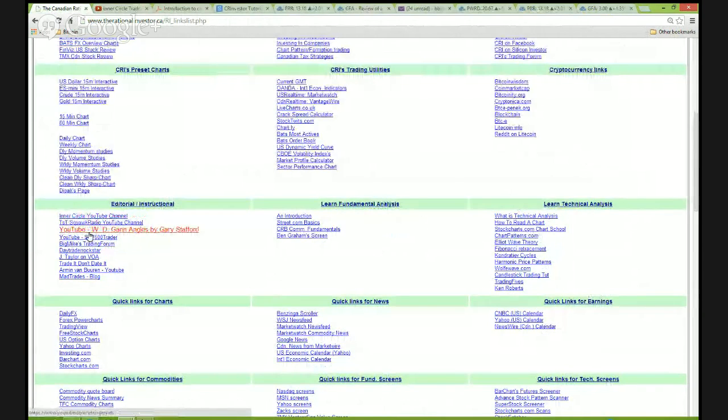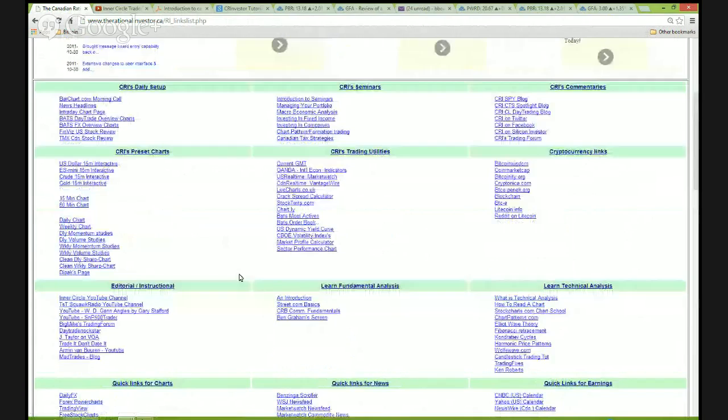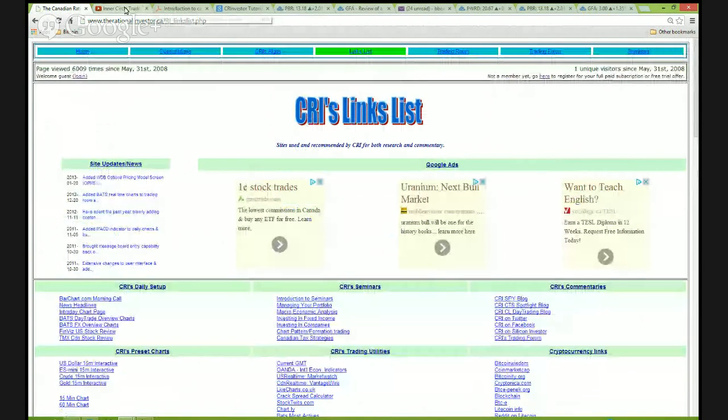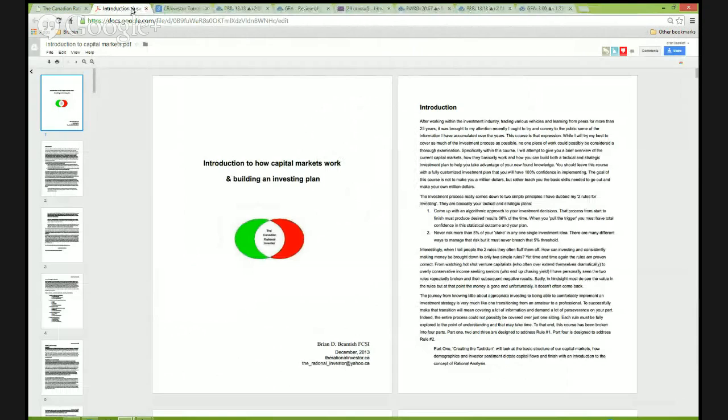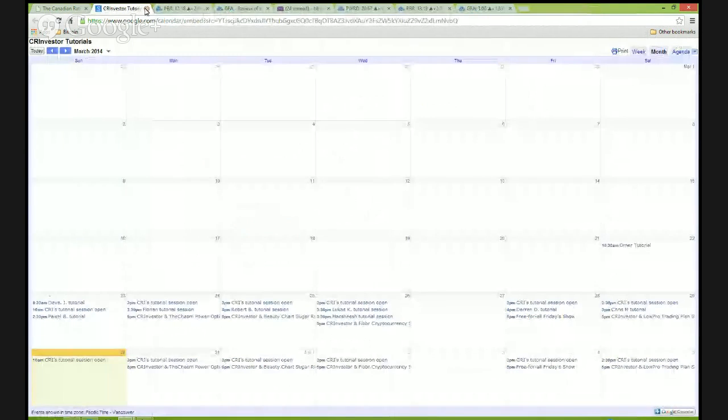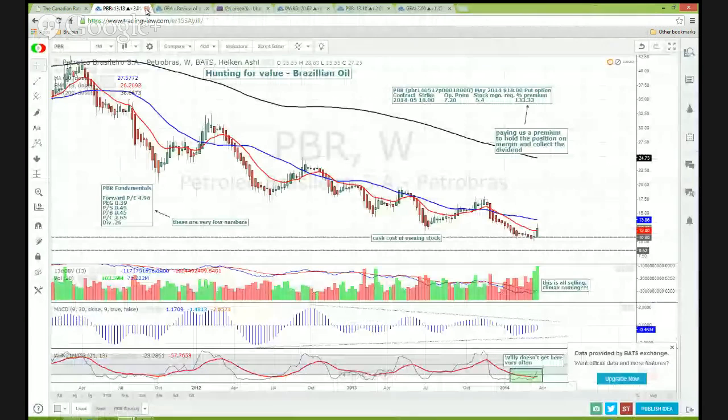If you just spent the next couple months sifting through Inner Circle and even the TST site, that'll keep you busy. And I guarantee you that if you took notes and really studied in earnest, by the end of the Scout Sniper Field Guide series, you'll be one heck of a good trader, no doubt about it.